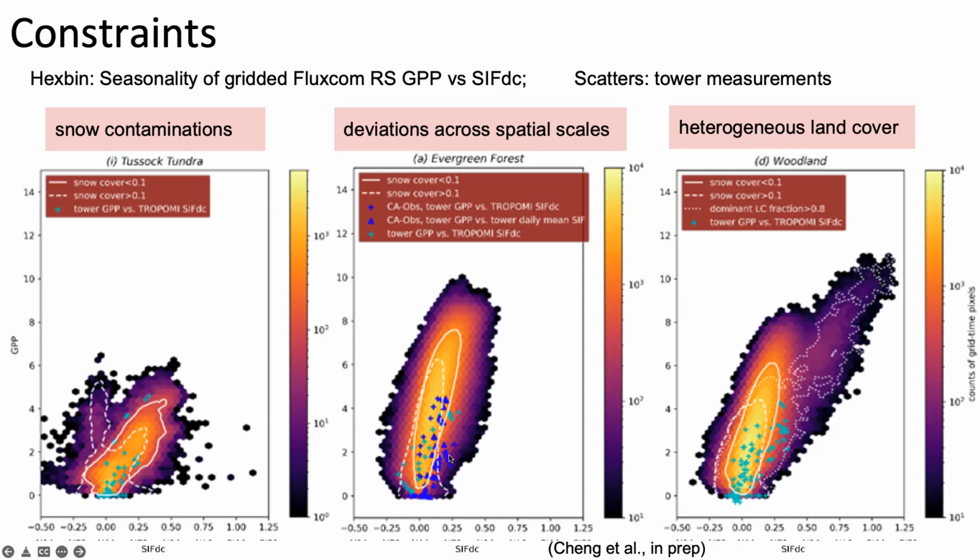So the scatters we're showing here are more like a climatology, a multi-year average. That's why we could put them into the same figure. Otherwise, you're not looking at the same time period when you compare SIF and GPP. That's just the hardest point. And that's why we call FluxCom more like a state of the art, because it's the only data set we have with a similar temporal resolution to SIF.